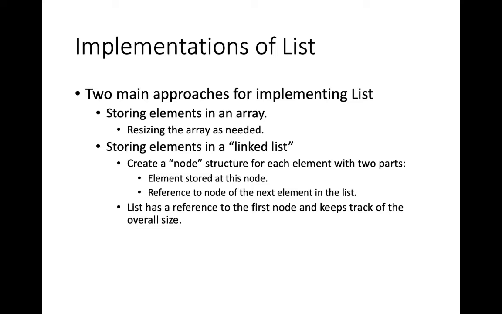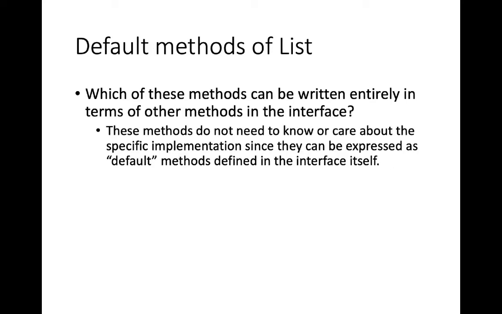The next step of implementing a data structure in Java is to think about which of these operations can be written entirely in terms of the other operations in the interface. Because those operations we can implement as default methods of the interface.